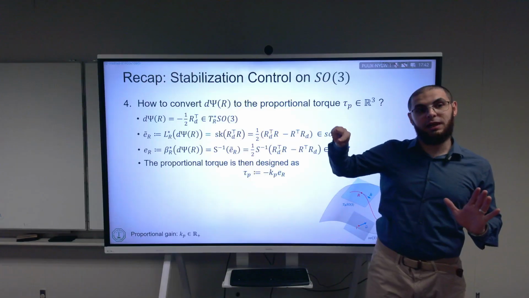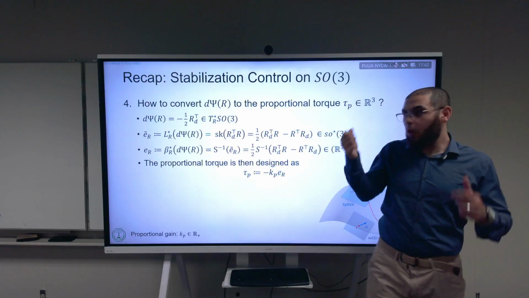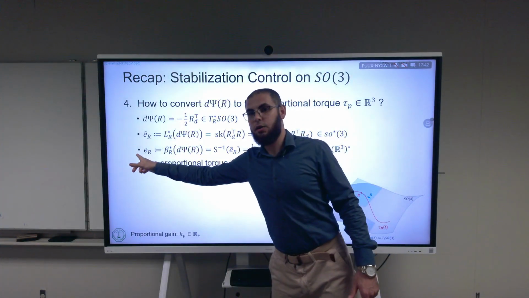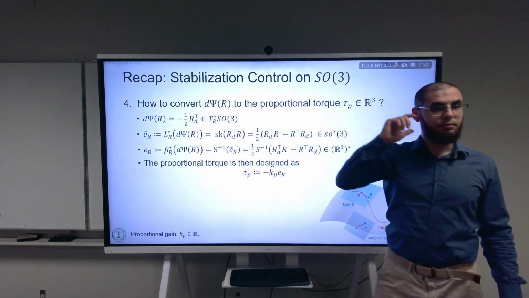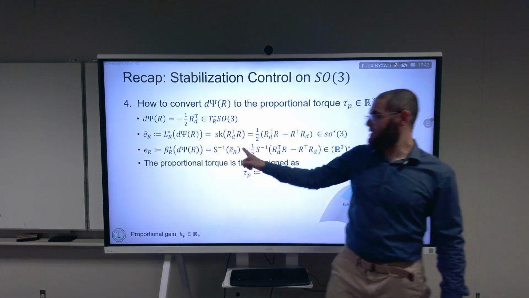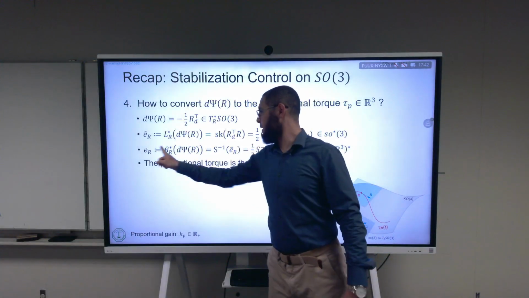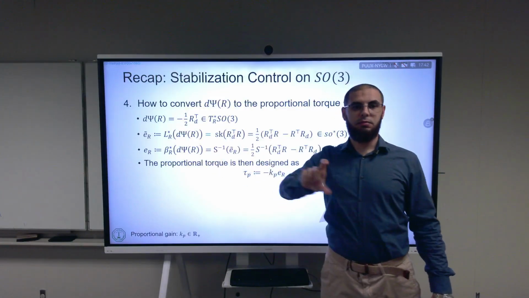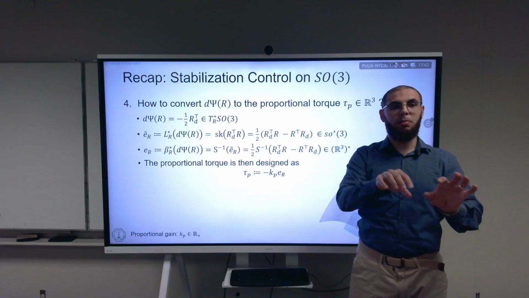But we're doing the inverse now. We want the 3 numbers. We want the skew-symmetric matrix to become 3 numbers. That's what we did in this step. So the 3 numbers are the output, and the skew-symmetric matrix is the input, and the S inverse is just, you take the 3 numbers that are independent.